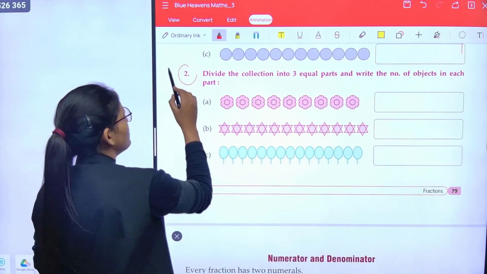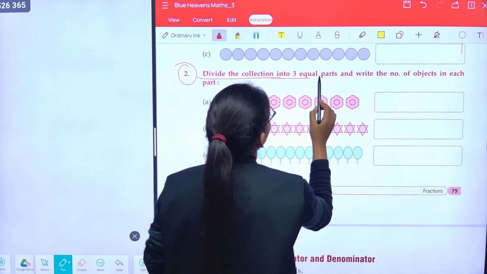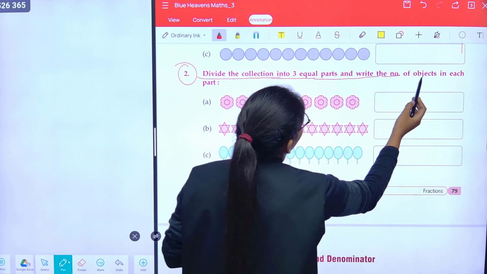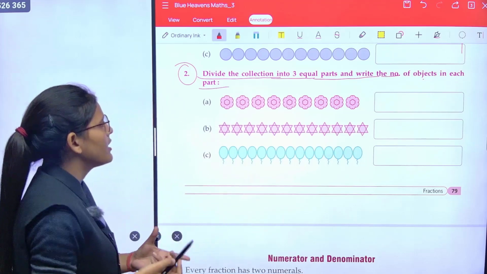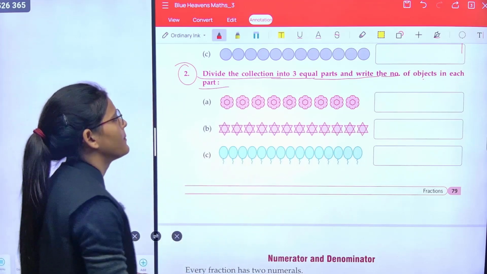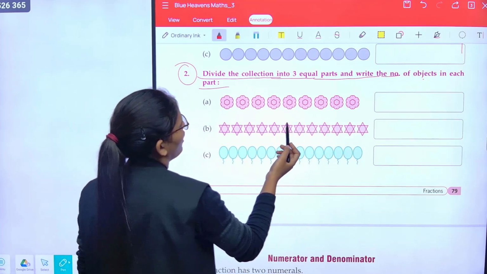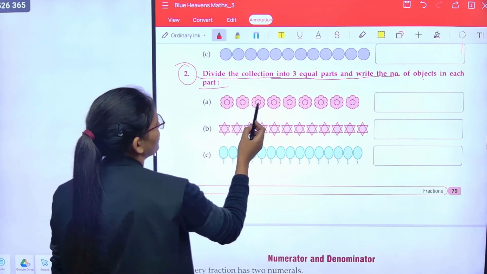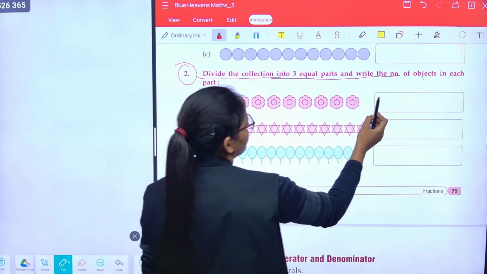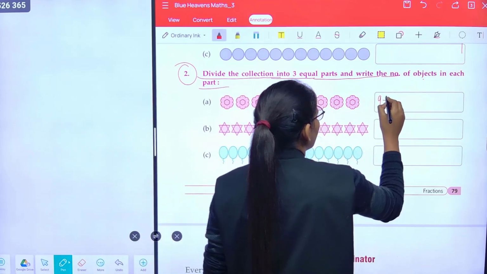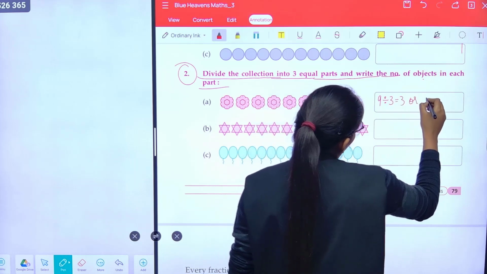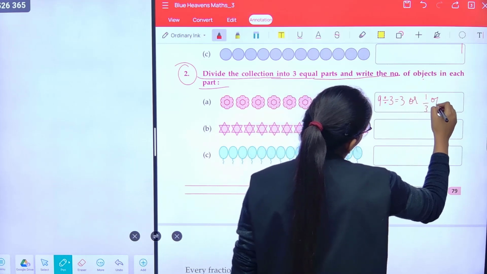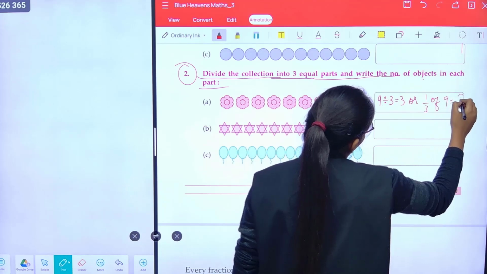Now question number 2. Divide the collection into 3 equal parts and write the number of objects in each part. Now 1, 2, 3, 4, 5, 6, 7, 8, 9. 9 divided by 3 is equal to 3, or 1/3 of 9 is equal to 3.